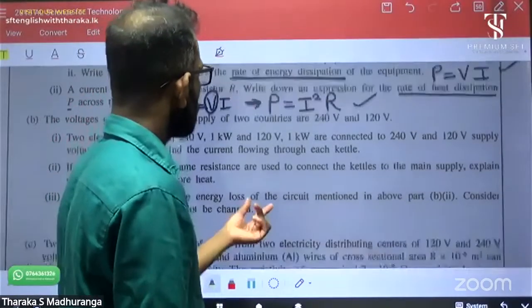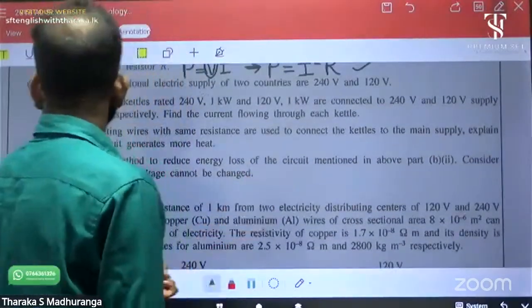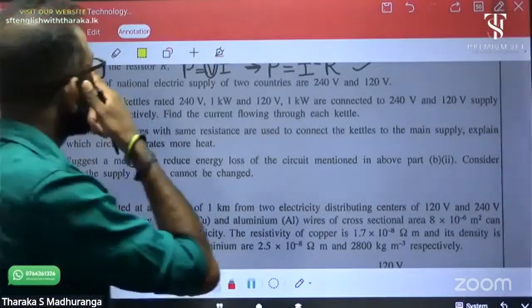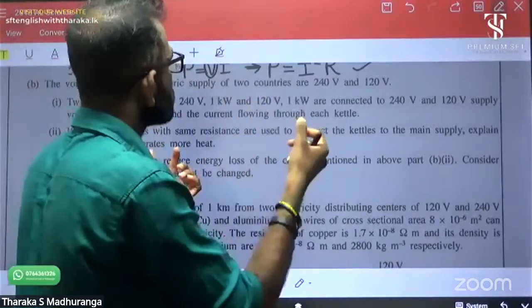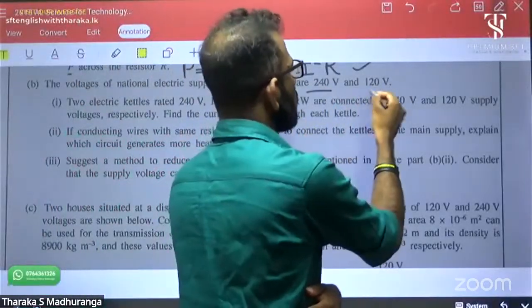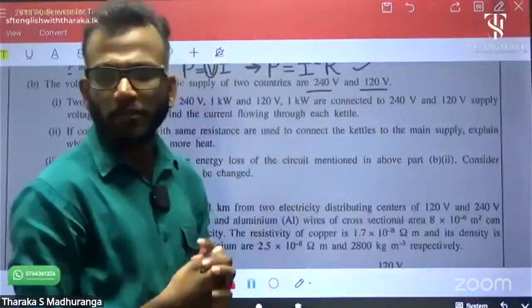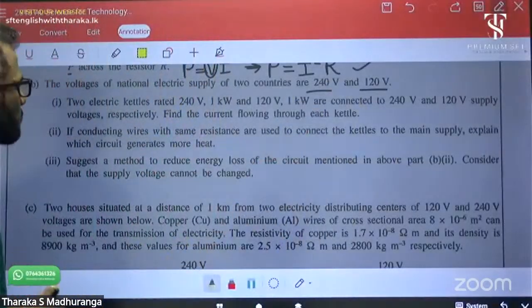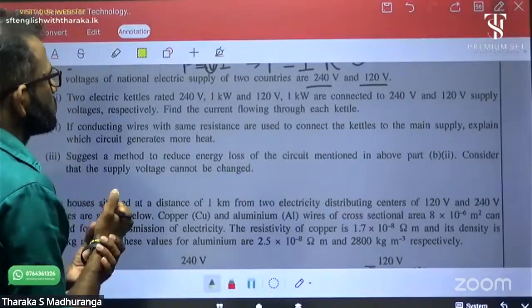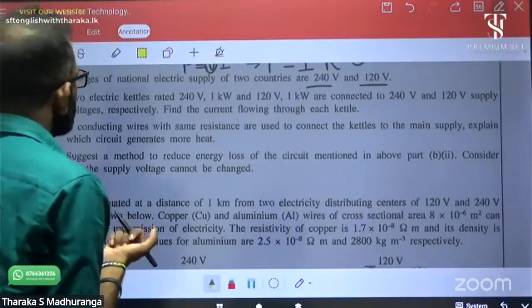Okay, let's move into question part 2. The voltage of a national electric supply of two countries are 240 and 120. 240 means like Sri Lanka, and 120 is normally the electricity supply in European countries.